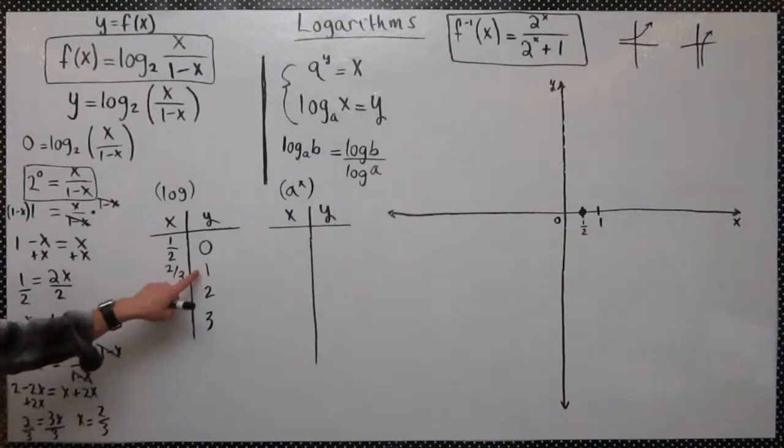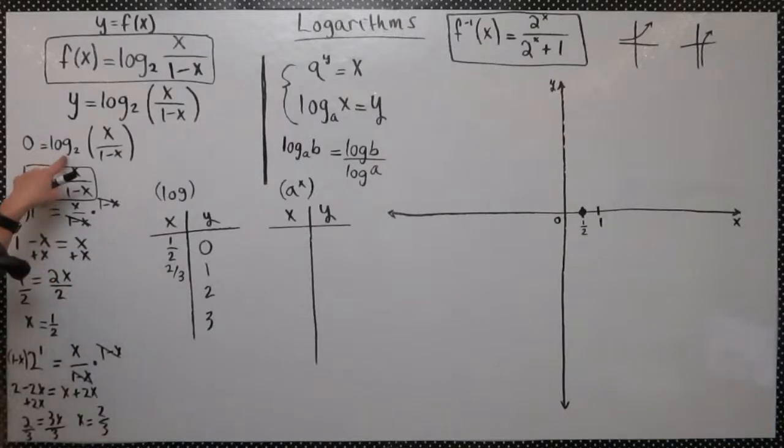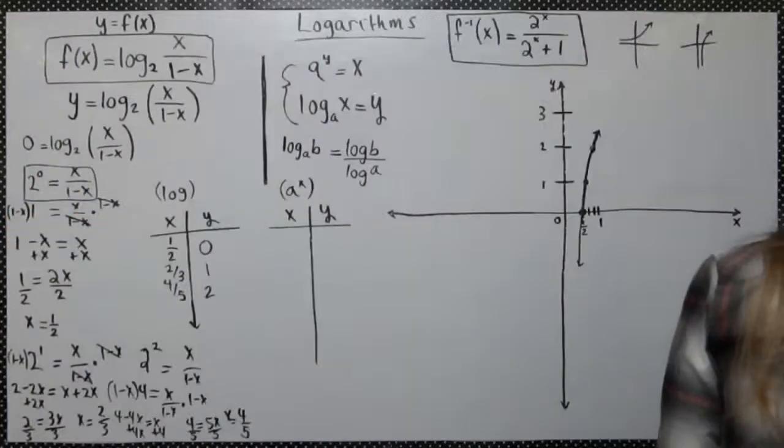I'm trying to figure out how, because what I've done is this becomes y equals log 2. So this is 2 to the y. So what I'm doing is plugging in y here and figuring out x.